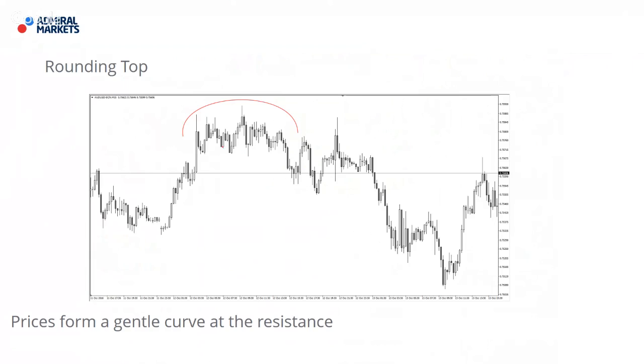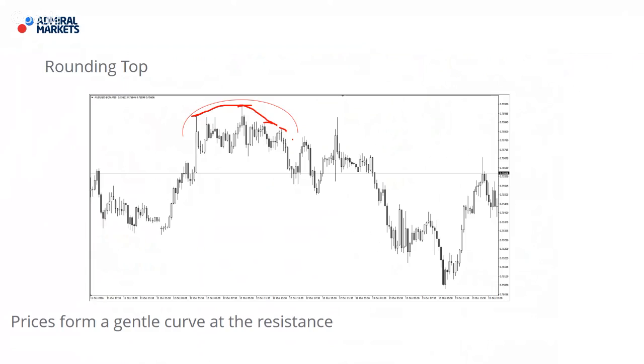When you see a gentle curve at resistance, sometimes it resembles a rooftop or head and shoulders at resistance, but you will actually be comparing wicks again. So this is wick, this is wick, this is also wick. These are the most prominent wicks.